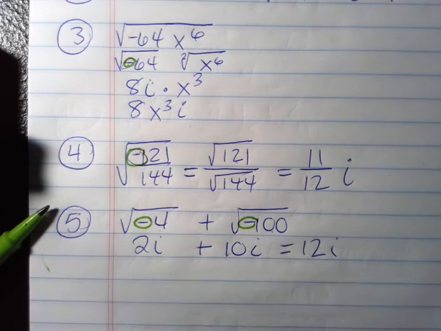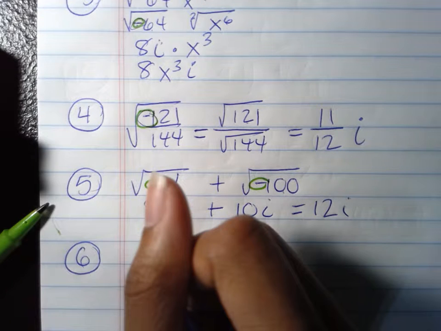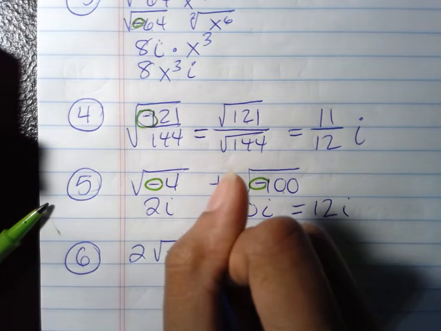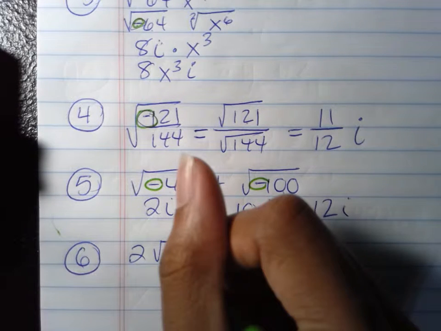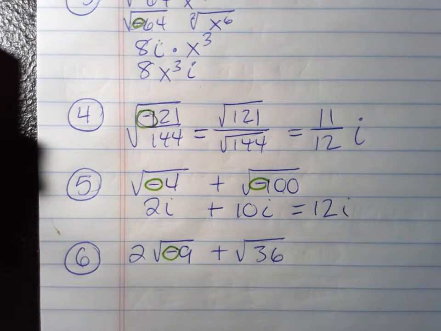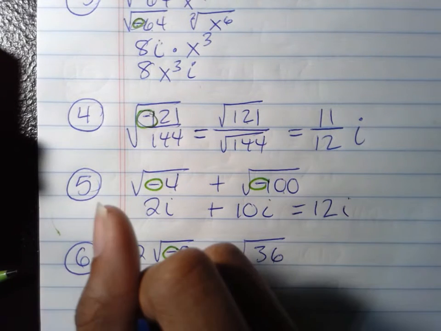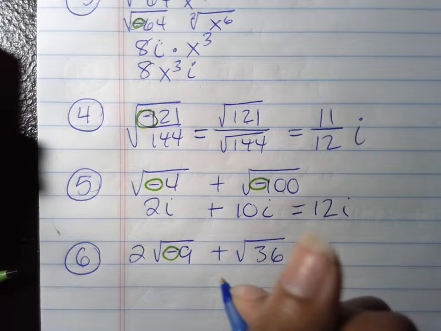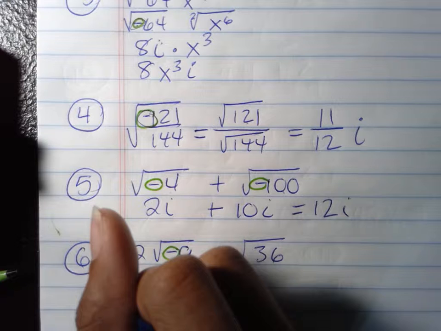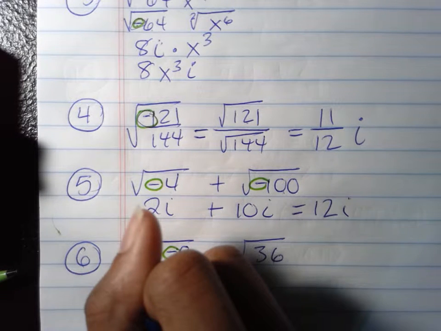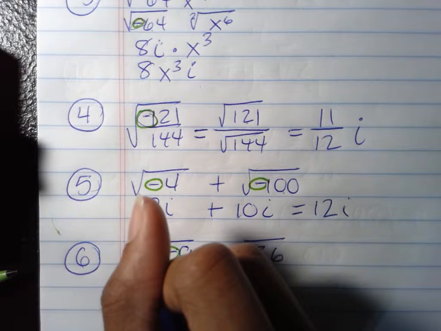Right, number 6. We have 2 square root of negative 9 plus square root of 36. I have a negative in the square root, so that tells me i is coming out. Now keep in mind this is 2 times square root of negative 9. So I have 2 times, we know i is coming out, and then square root of 9 is 3.